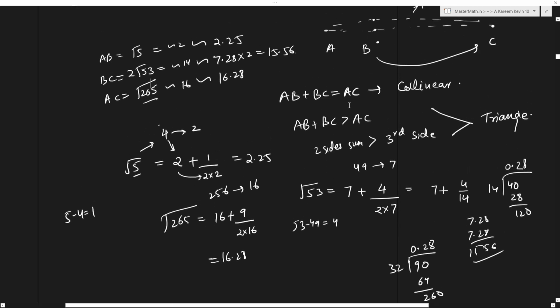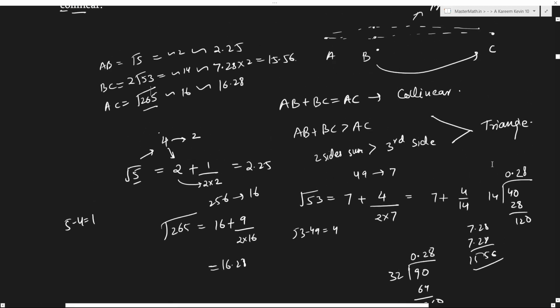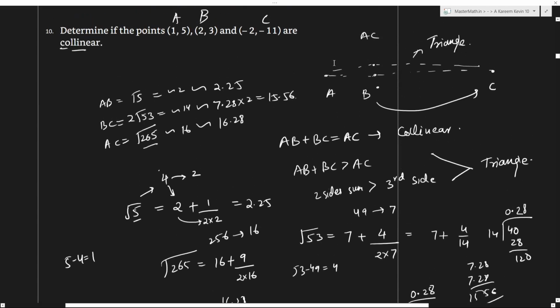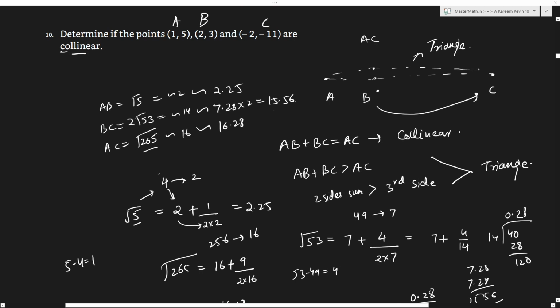16.28. Now you could see, is that true? Because previously it seemed to be true. So 2.25 plus 15 is 17, right? So it is greater than 16.28. Would everyone notice this? Yes, sir. AB plus BC is 17.something, and AC is just 16.28.